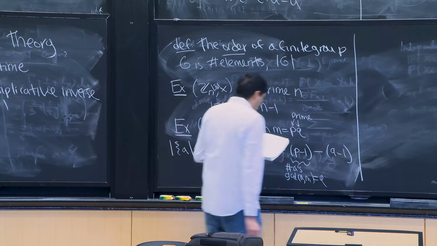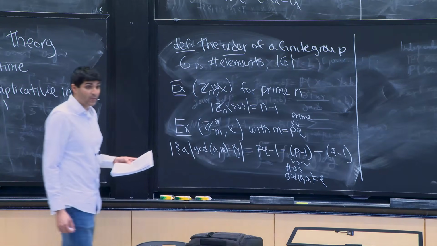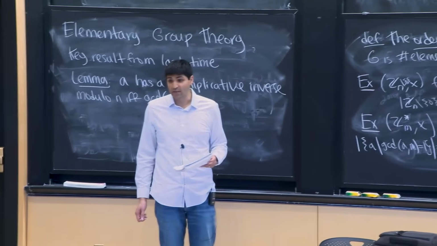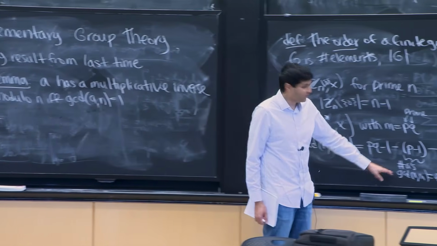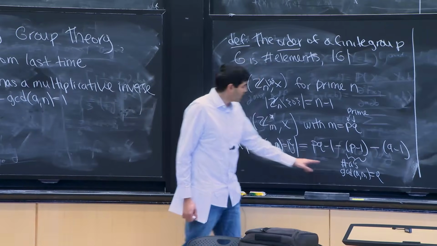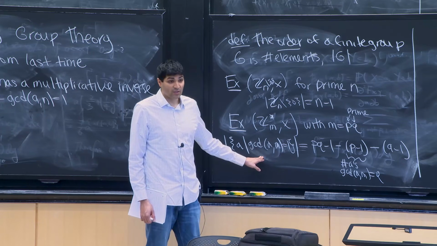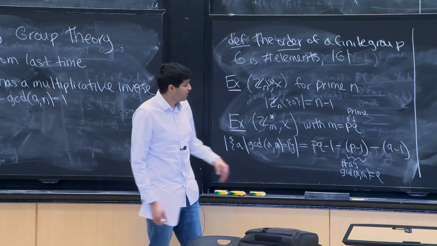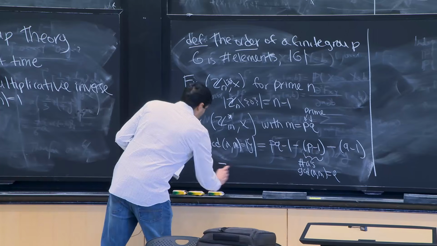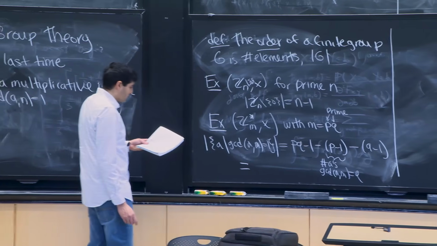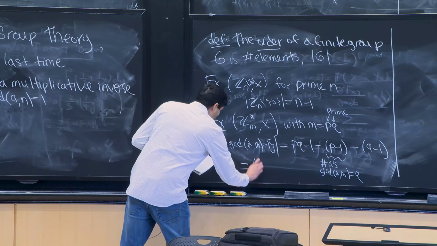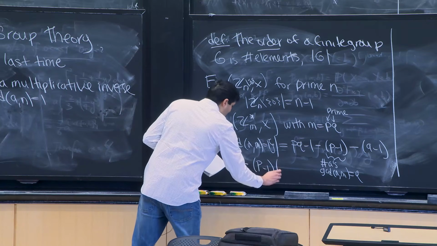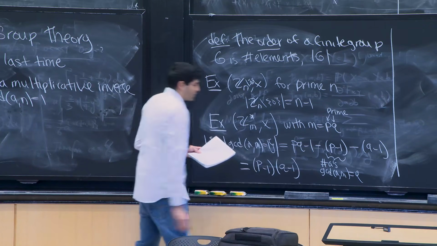I can subtract off the things which are multiples of P, and I'm going to get Q minus 1 of these elements. And there's nothing that's a multiple of both P and Q, because the largest my remainder gets to is PQ minus 1. So even though it sounds like a pretty tedious example, this turns out to be an extremely important example. Just to write down what the expression is, it's P minus 1 times Q minus 1.